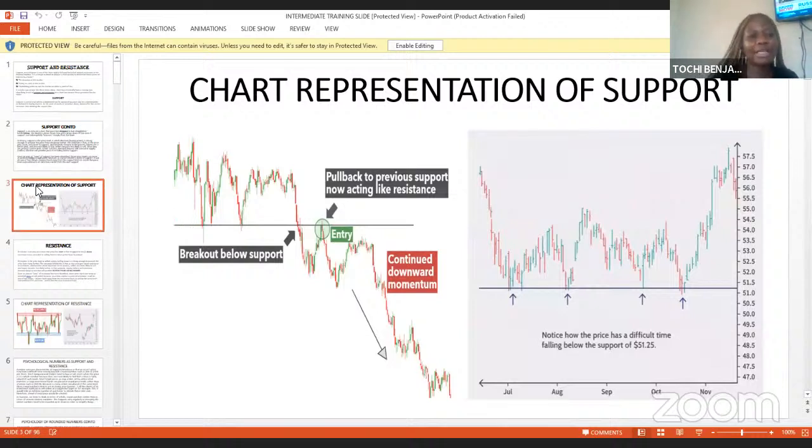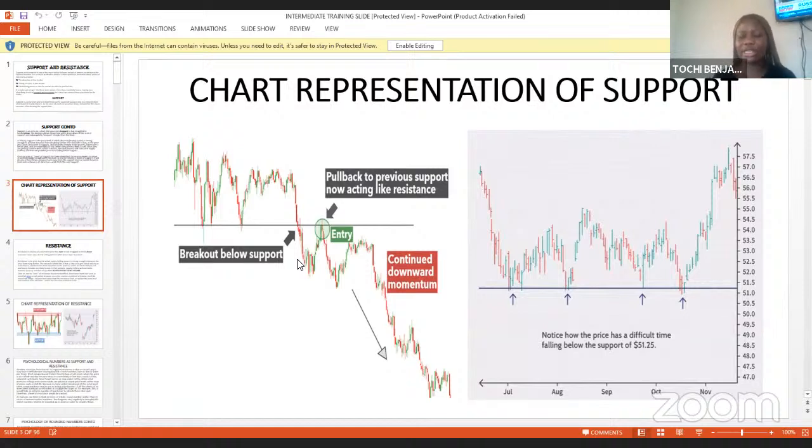So years back, it could be that price has created significant levels. But what interests a trader is price, support or resistance compared to the current market price.